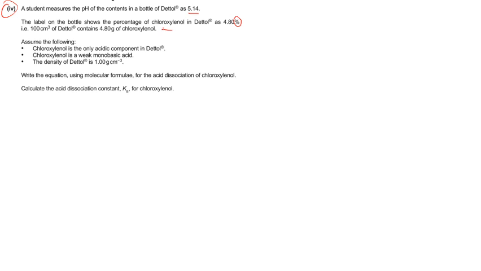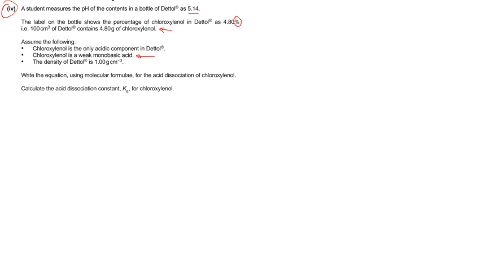But it tells us all about percentages as concentrations, right? So we've got a bit of clarification that the only acid we need to worry about is the chloroxylenol. It does say that we've got a monobasic acid, right?